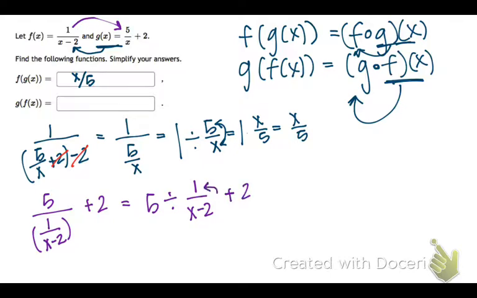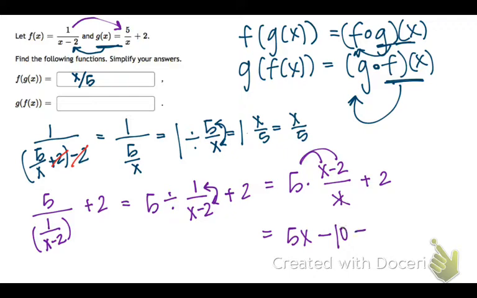I can then flip this. So this will be 5 times x minus 2 over 1 plus 2. Really, we don't need this 1 here. So this is going to be 5x, because if I distribute this, minus 10 plus 2, that's going to be 5x minus 8. So then this answer is 5x minus 8.